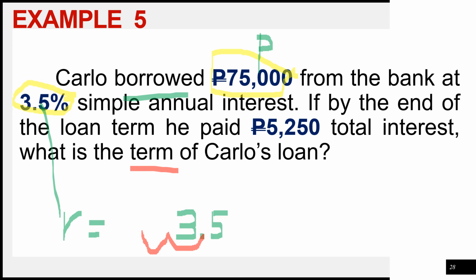Then, after moving, we have here our new decimal point, and we will just have to add zeros here. Therefore, our rate is 0.035. And then we have 5,250 pesos, which is the total interest. Therefore, this is now our I.